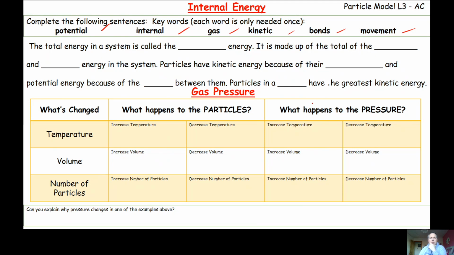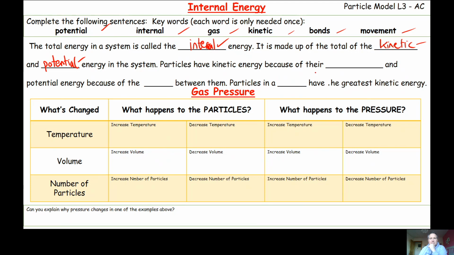Okay, let's see which ones you got right. The total energy in a system is called the internal energy. Good job, give that a tick. It is made up of the total of the, you needed to get kinetic and potential energy in the system. Now, it doesn't matter which way around you wrote kinetic and potential, as long as you fit those two words in those two spaces.